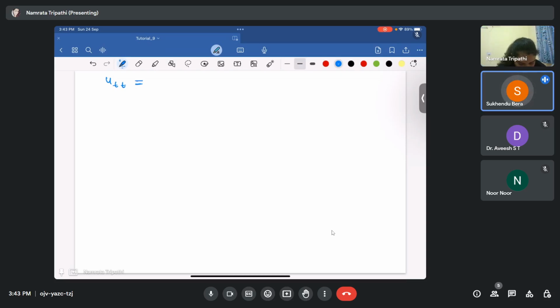Xi t square u xi xi plus 2 xi t eta t u xi eta plus eta t square u eta eta. Okay, fine. And you can put the value of xi t and eta t.